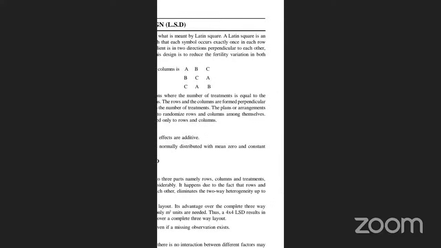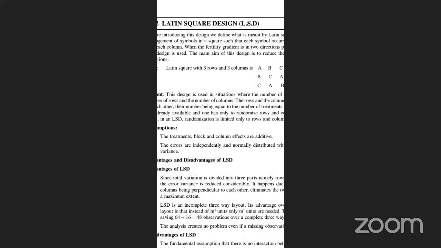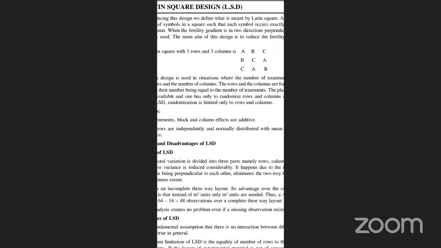The rows and columns we are taking are the m by m LSD. The treatment, block and column effects are the assumptions we are taking here.